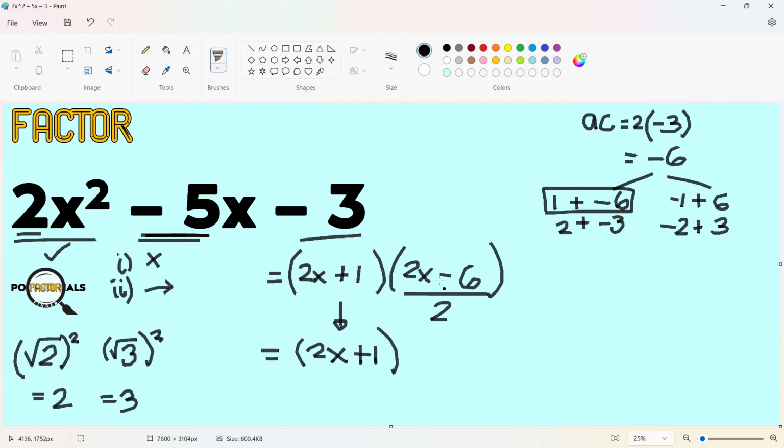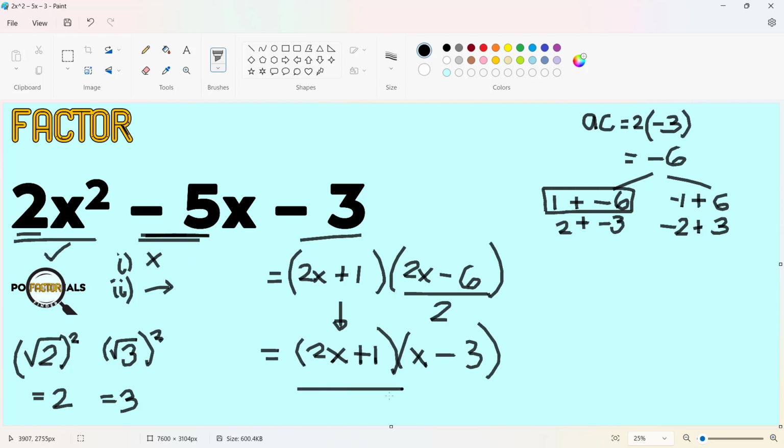And what happens to your second binomial is you divide both terms by 2. So you will have here x minus 3. When you multiply this using the FOIL method, 2x times x is 2x squared, we have 1 times x is positive x, 2x times negative 3 is minus 6x, so x minus 6x is minus 5x, and 1 times negative 3 is negative 3.